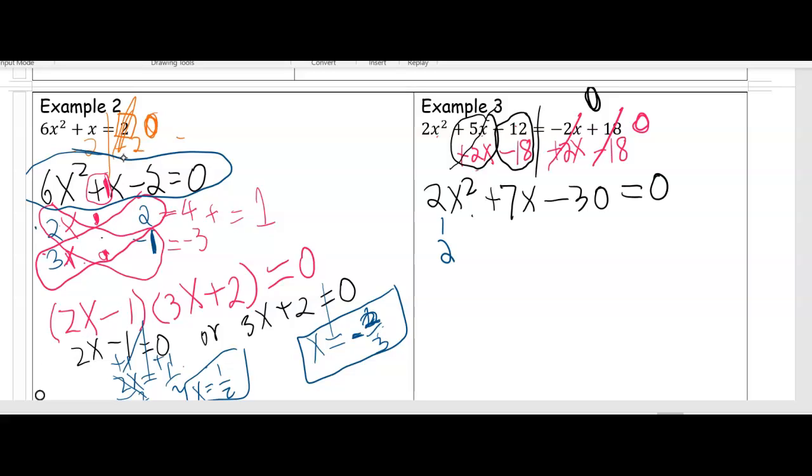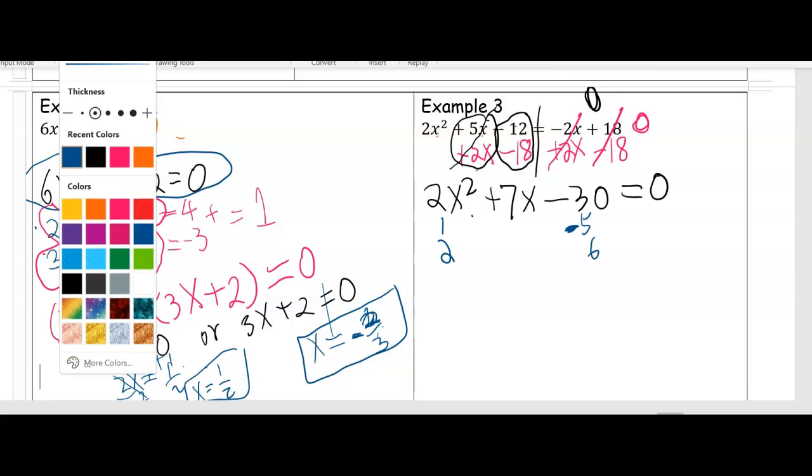So let's try 5, 6, and who is negative? Negative 5 times 6. Okay? So negative 5 times 6 gives you negative 30. And let's check it to see if we can get positive 7 in the middle.